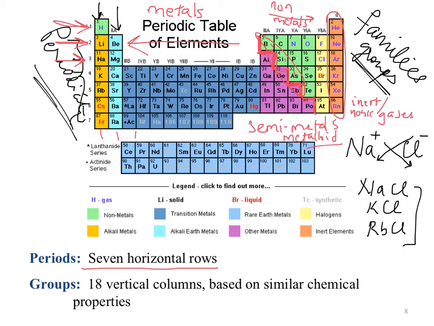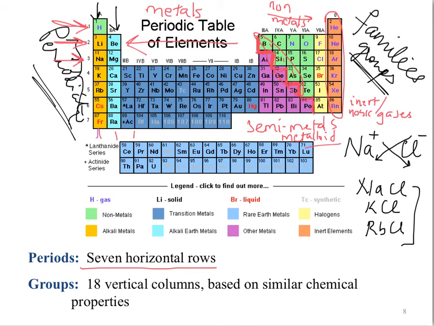Now, as you can see, the majority of my periodic table contains metals. There are very few non-metals. So, in terms of which group is where, let's take a look at each of these.